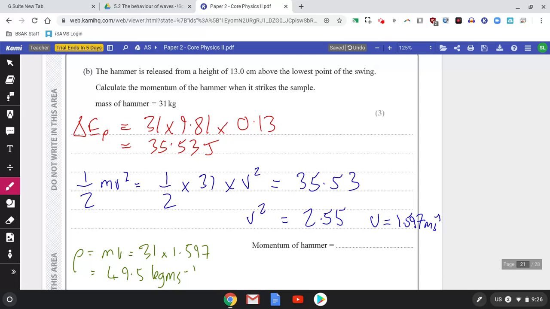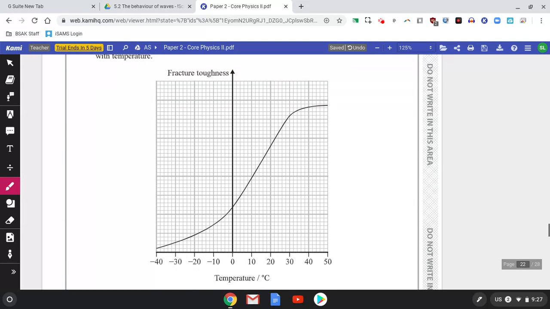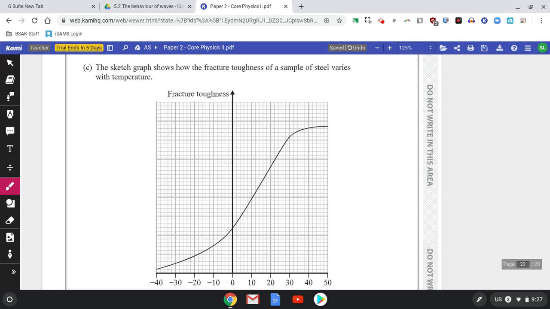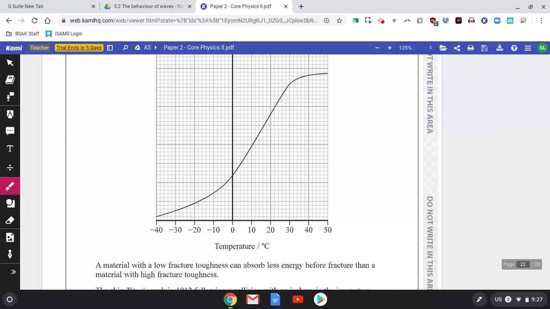Very straightforward. Right. The Titanic was a cruise ship that sank. The sketch shows the fracture toughness of a sample of steel as it varies with temperature. The Titanic sank in 1912 because it collided with an iceberg in the icy waters of the Atlantic. The steel hull of the ship was fractured by the impact. Deduce why the steel hull was likely to have been fractured by the impact. Well, obviously, the fracture toughness drops rapidly with temperature. Now, what sort of temperature was the sea where the iceberg was?